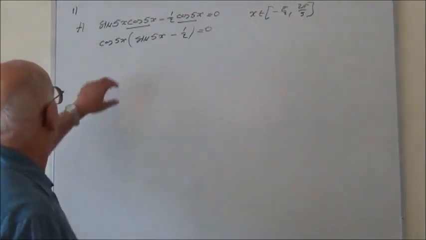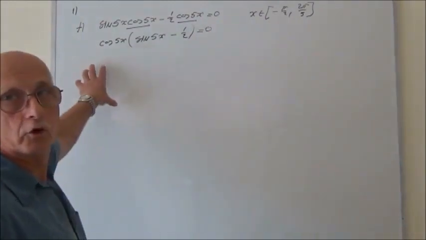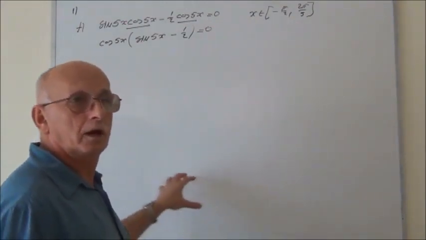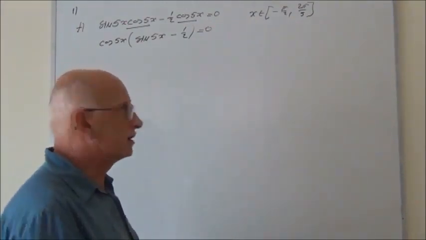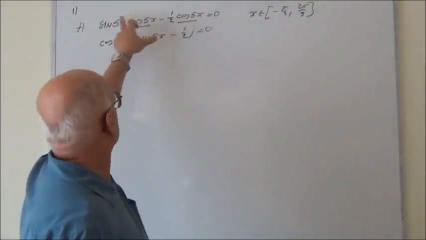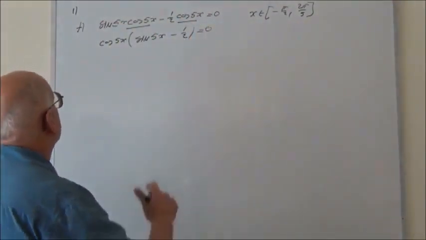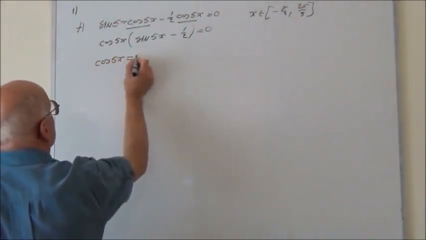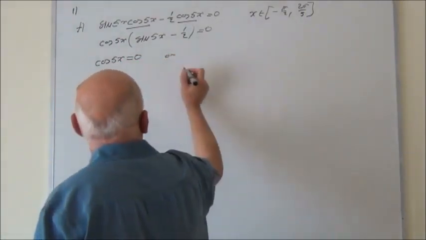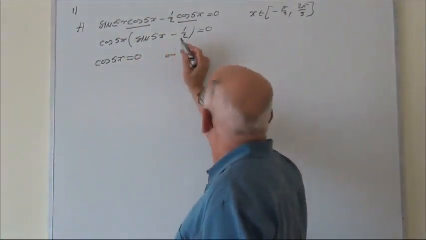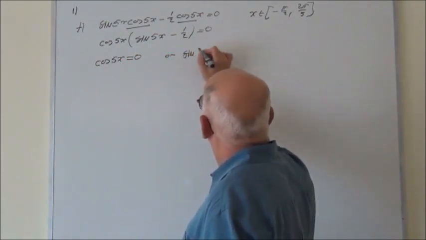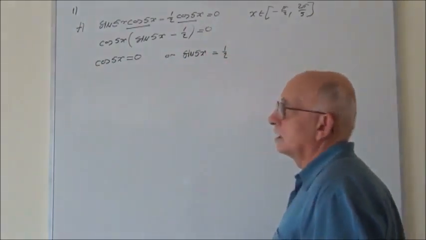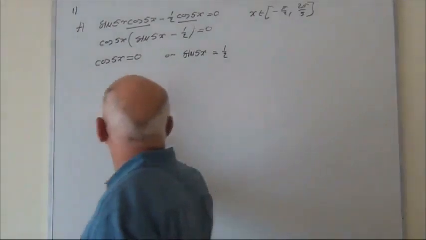Now applying the null factor law, we have two factors, we form two equations and solve both of them, and the solutions of both equations will be solutions to our equation. So cos 5x equal to 0 or sine 5x minus half equal to 0, we can write straight away sine 5x equal half. And now we simply solve each of those equations.